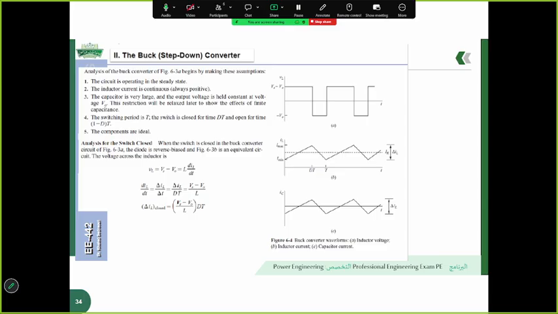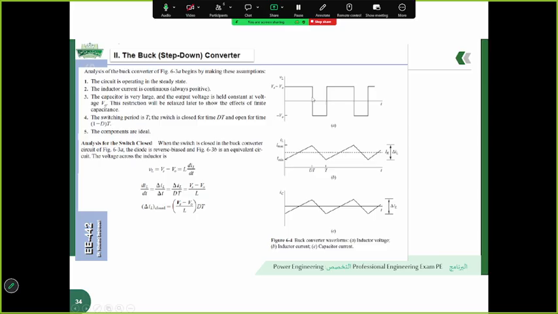When the switch is on, VL is equal to Vs minus Vo, positive, and when the switch is off, VL is equal to minus Vo, or negative. So the waveform alternates between positive and negative voltages with zero average in steady state. You can see here, this is zero average.